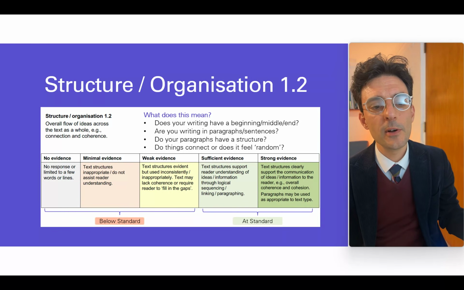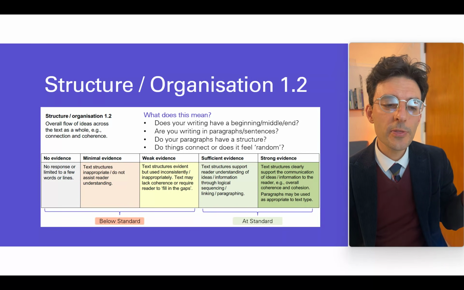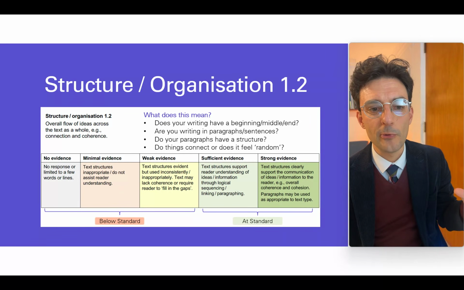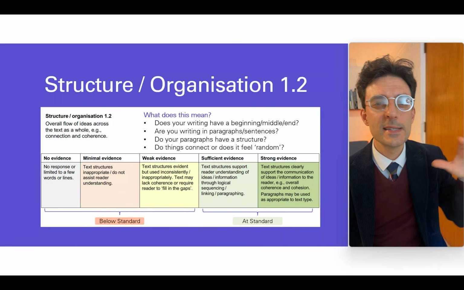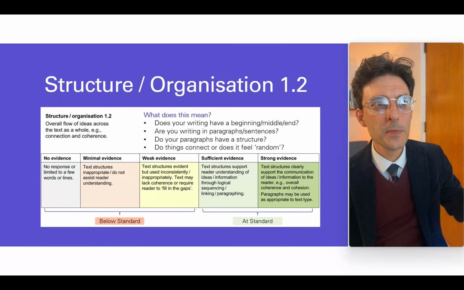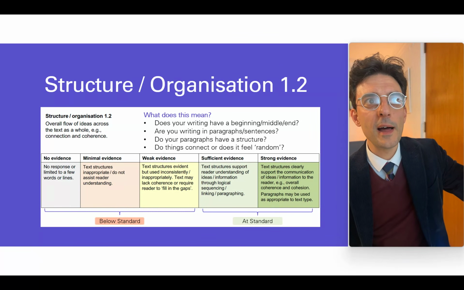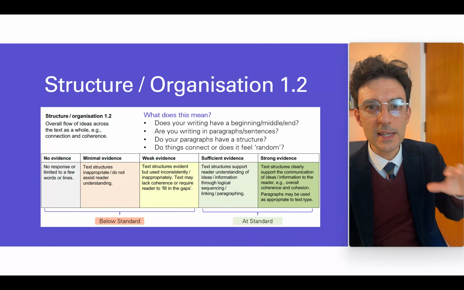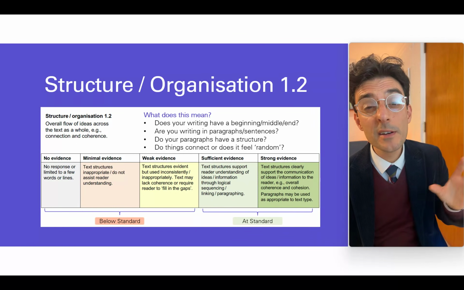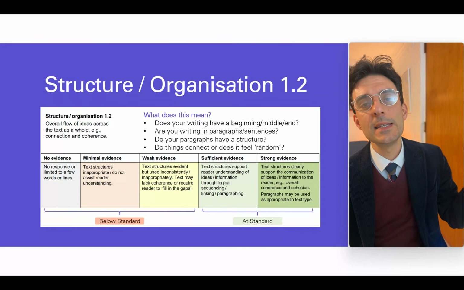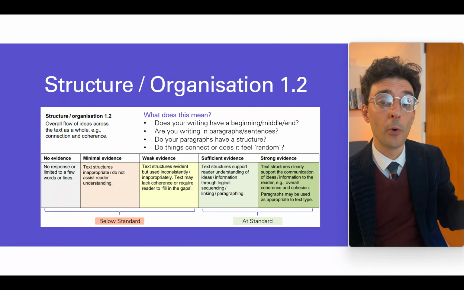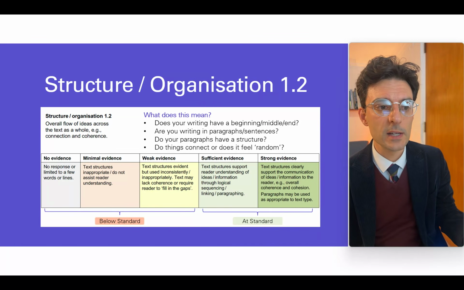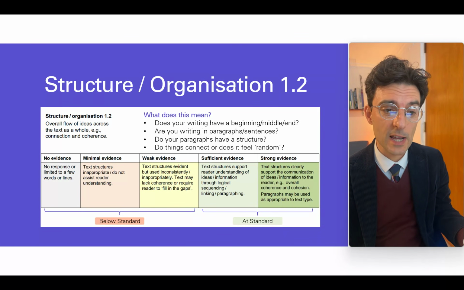And last but not least, do the things that you're writing connect, or does it all feel a bit random? Is it a bit jumbled up? Do you talk about something in one part and then talk about something else and then go back to that one thing? Are the ideas a little bit scattered around the writing? That means it doesn't have structure, it doesn't have organization, and you're probably not nailing it on this one. So that's structure and organization.